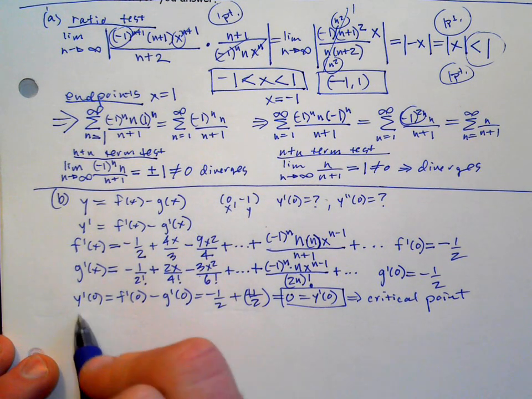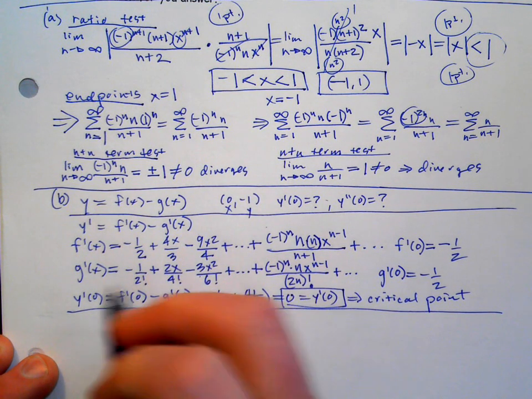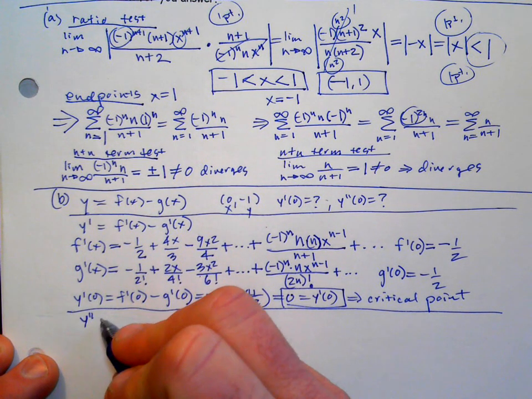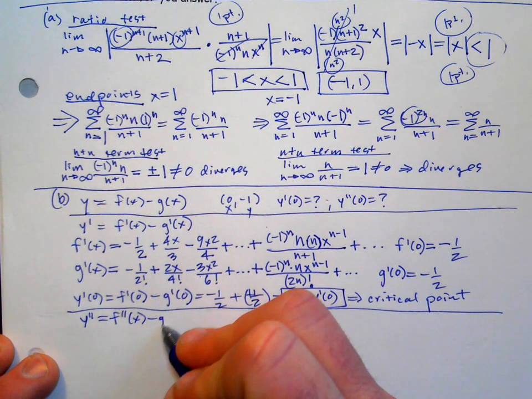So now we're going to find the second derivative. So the second derivative, I think we're going to just try and use the same kind of strategy. Y double prime equals f double prime of x minus g double prime of x.